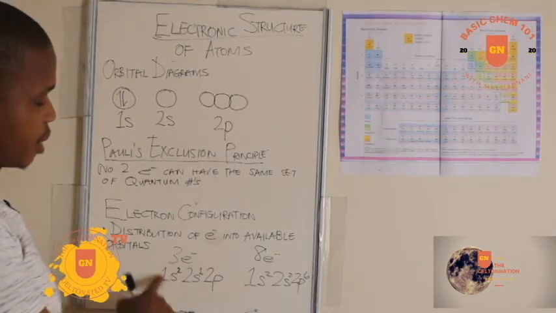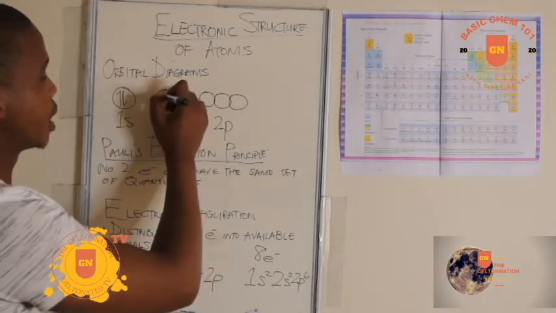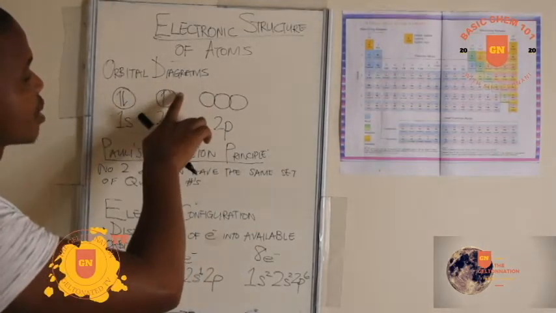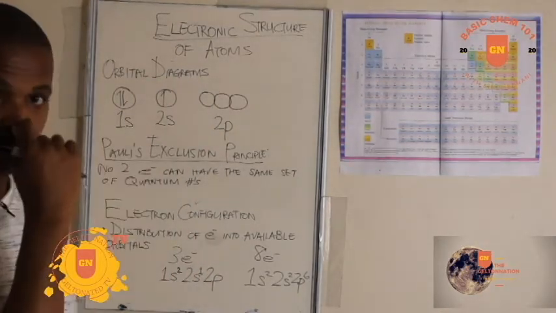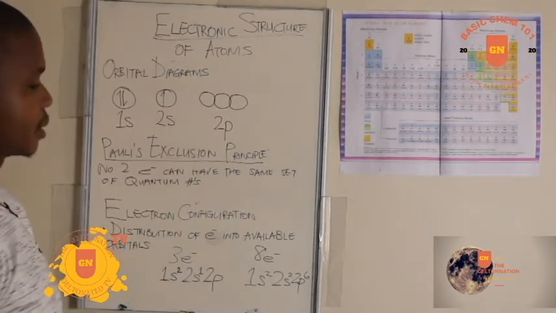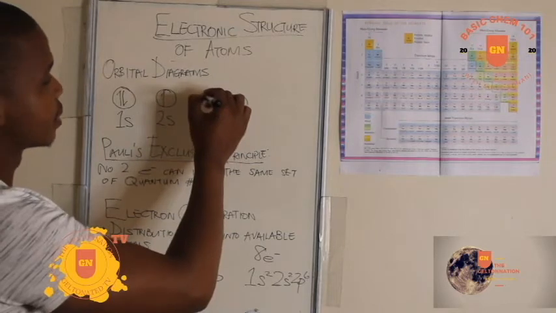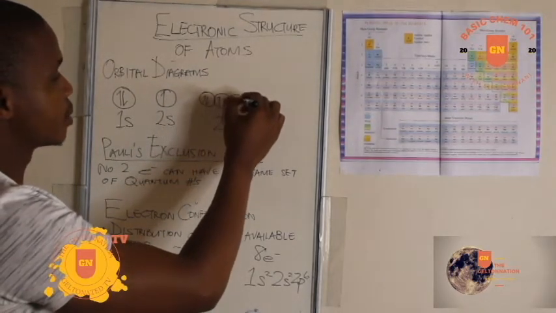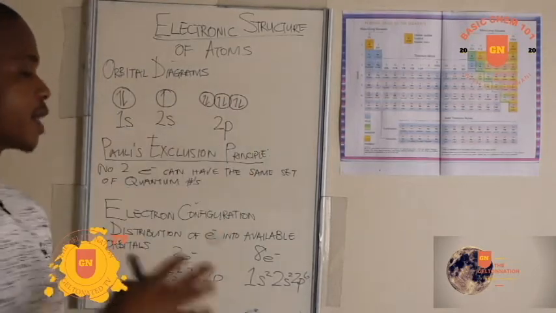Now, if we are talking about 3 electrons, it would end here. So this one has its own quantum numbers different from this one. But if we had 8 electrons, I would have 2 here, 2 here, and 2 here, but with different spins.